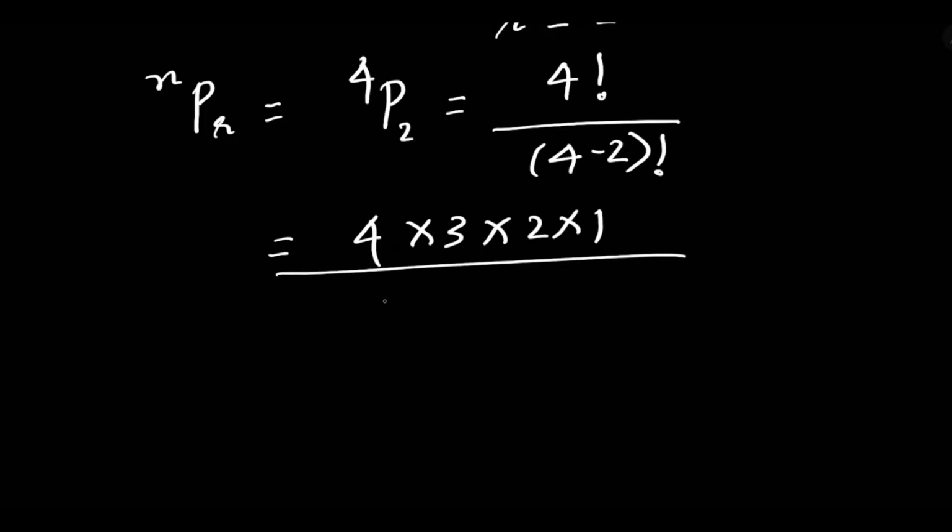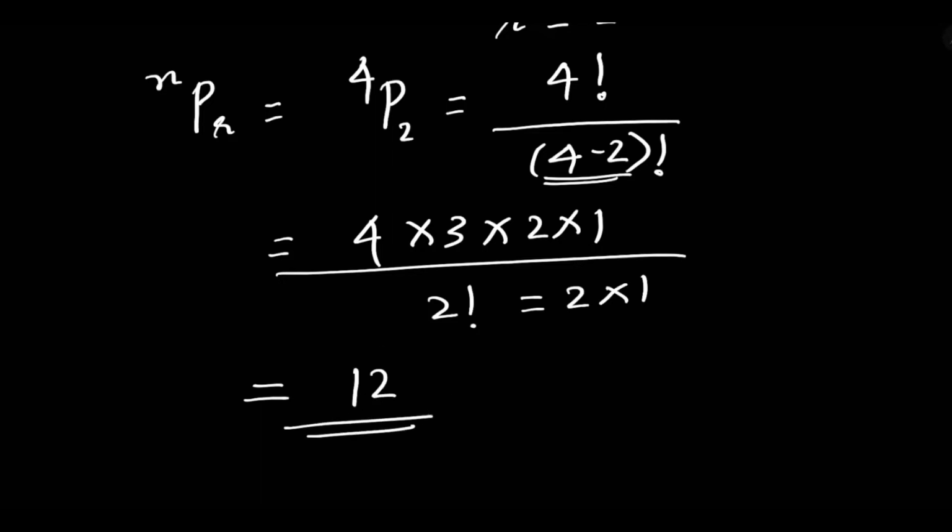What is 4 minus 2? That is 2 factorial, which is equal to 2 into 1. So what does this reduce to? 12, right? You can simplify and see that.